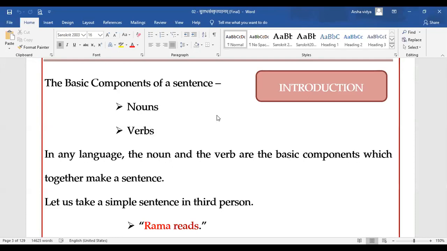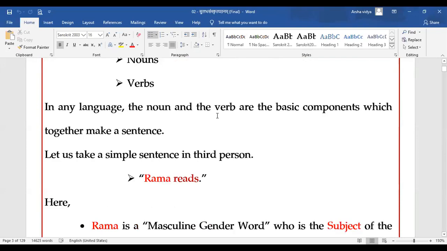If you take the simple sentence, Rama reads. Reading is the action done by the person, Rama. When you say somebody reads, it must be one person, because it is reads, not read.